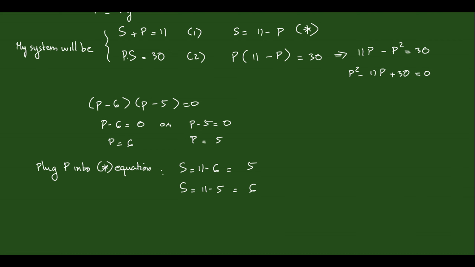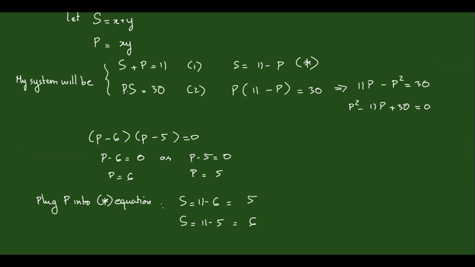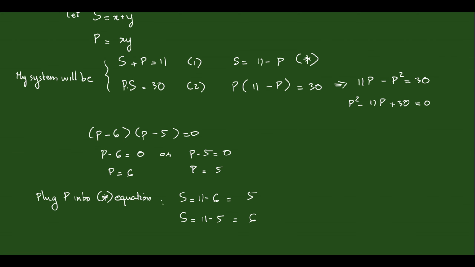Okay, now if s is 5, p is 6. Then you're going to plug them back because our goal is to get x and y.